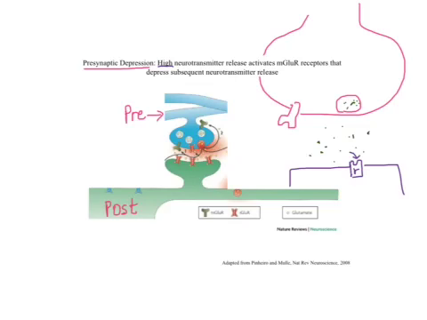is released, and with enough of it, it can come back over here and bind to this receptor, and this is a metabotropic glutamate receptor, so it's called an autoreceptor because it's in the presynaptic membrane.